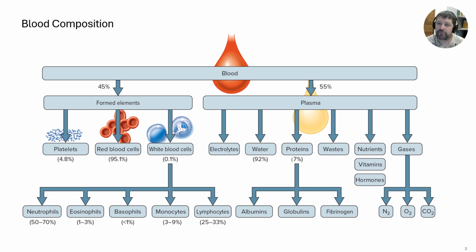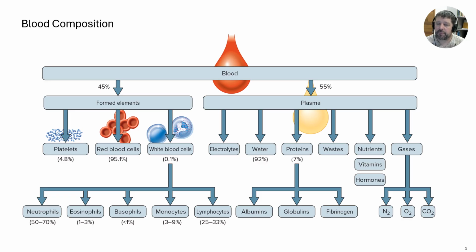So that leaves pretty little for white blood cells. White blood cells, though, there's quite a few different types: neutrophils, eosinophils, basophils, monocytes, lymphocytes. Neutrophils are by far the most common in humans. Lymphocytes next, and then eosinophils, basophils, monocytes. Roughly 1 to 3%. It depends on the individual, but not very much.